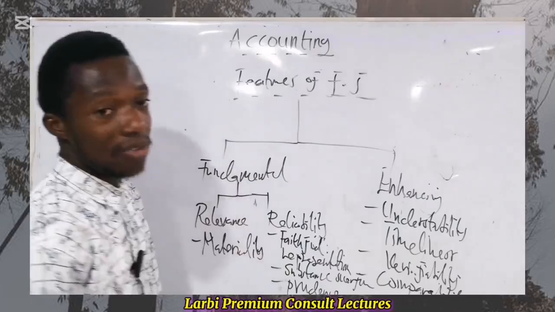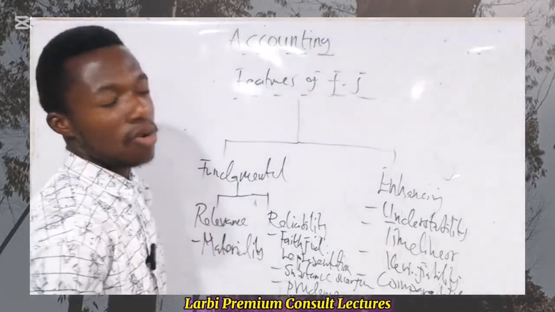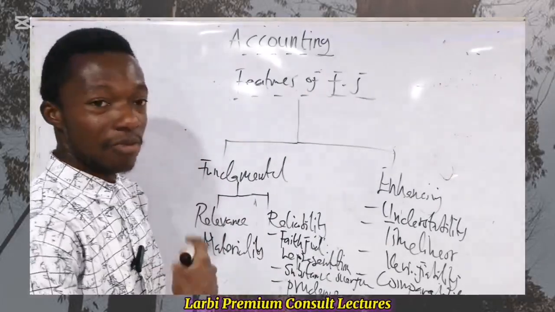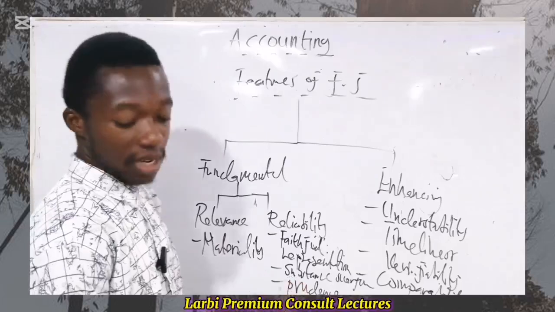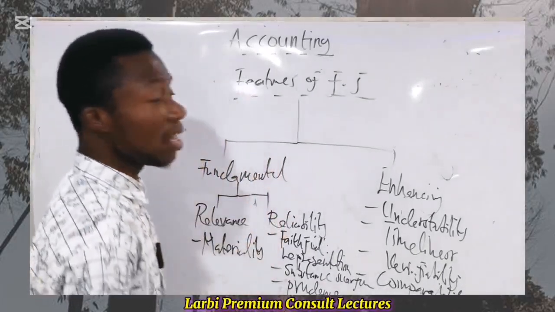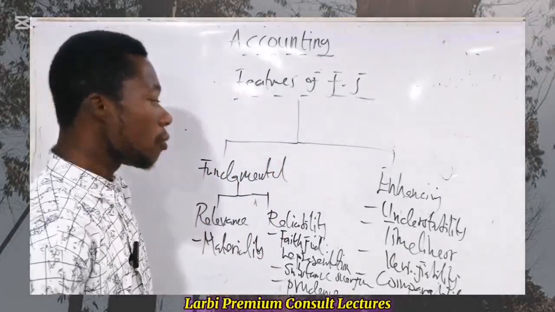So let's start with the fundamental. Under the fundamental, as we said, we have the relevance. When we say accounting information should have, or the financial statement should have a feature of relevance, it's pretty simple. If information is relevant, this is what we mean.